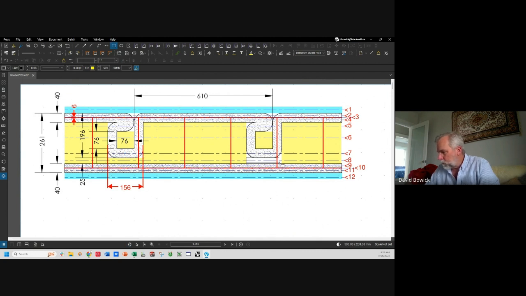I introduced you to the isothermal planes concept when we were talking about this in class. Isothermal planes means that within any given plane throughout the thickness of the wall, the temperature is constant.